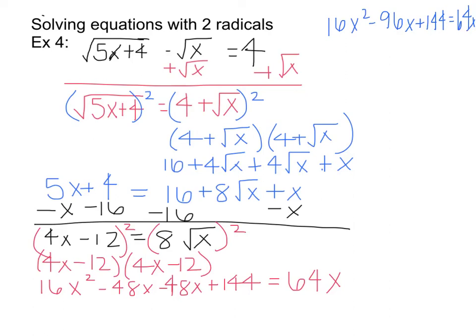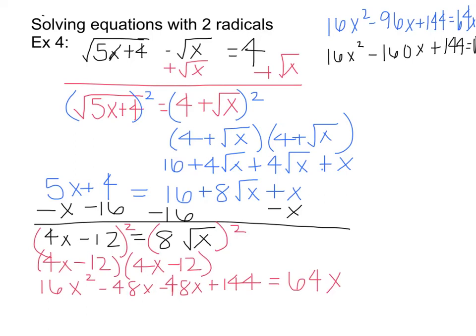Okay, bring it all to one side. And again, you want to keep the a positive. So I have 16x squared. Negative 96 minus 64 is going to give me negative 160x. And then plus 144 equals 0.